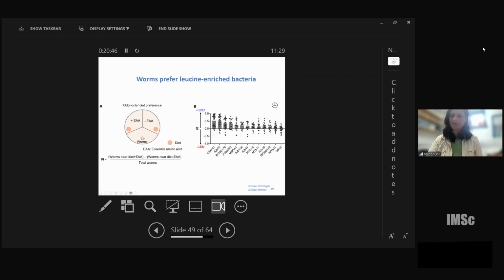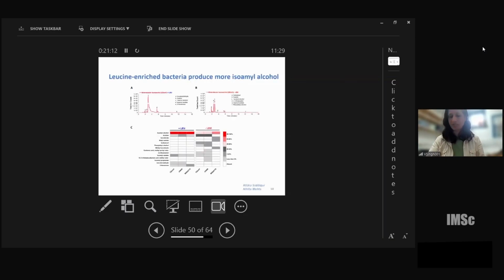Leucine is an amino acid which is the most abundant amino acid in our proteins. And we know that proteins are what you see most of us. Proteins are not only the functional units, they also add to the mass of our cells. They're enzymes, they're receptors, and so on. So it says, okay, we need leucine.